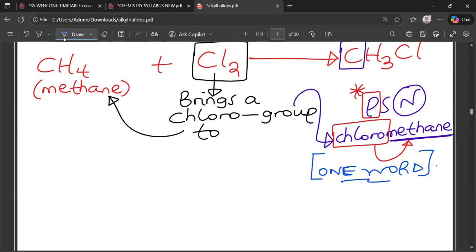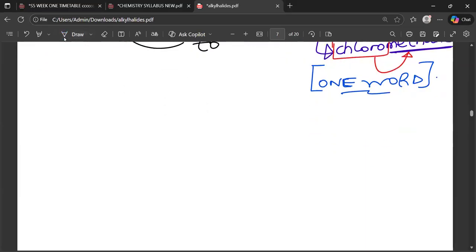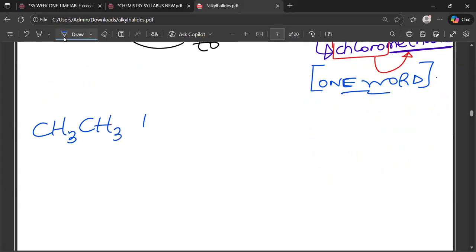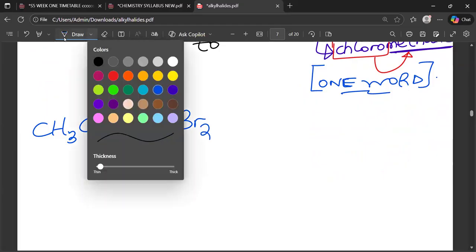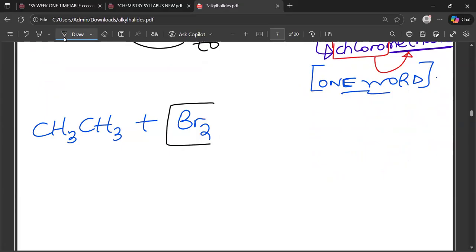What if it is ethane? CH3, CH3, and maybe it is Br2. Good. So just like we have said, Cl2 brought a chloro group to methane.